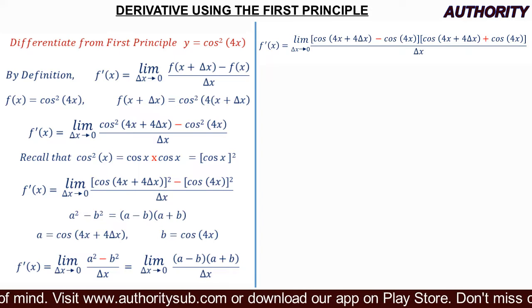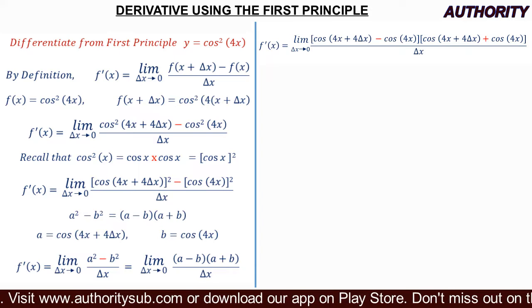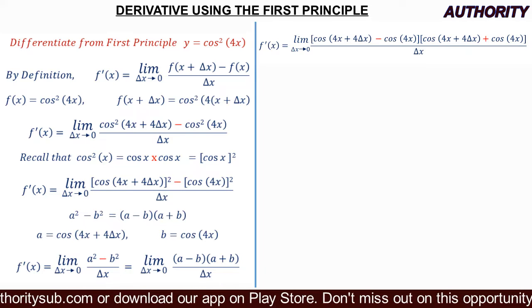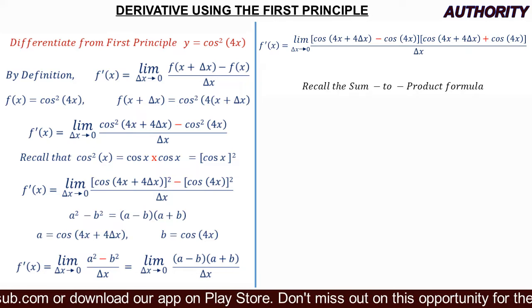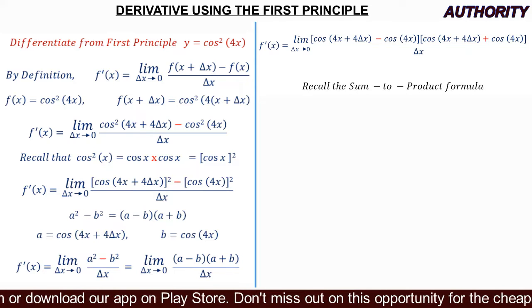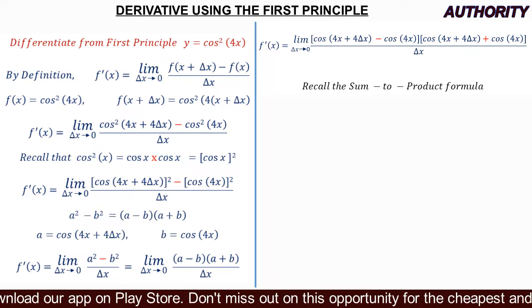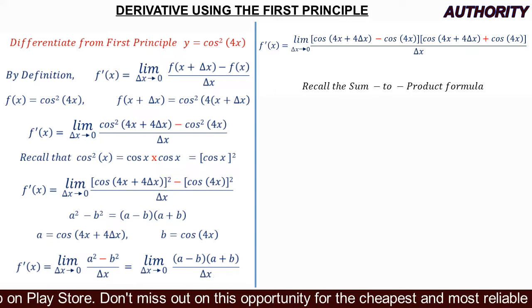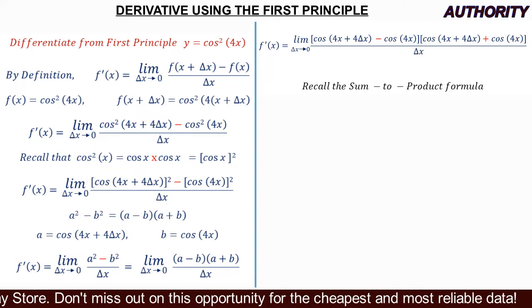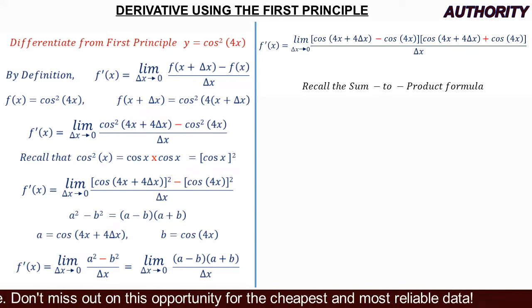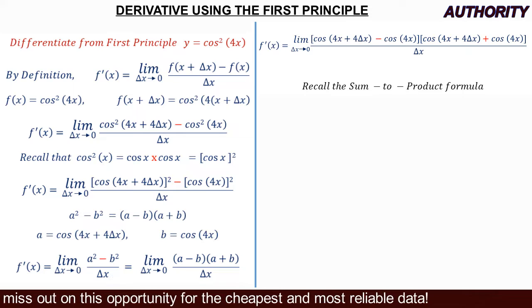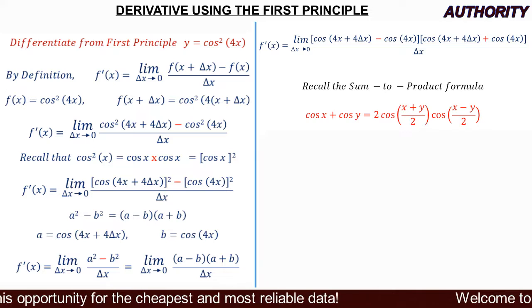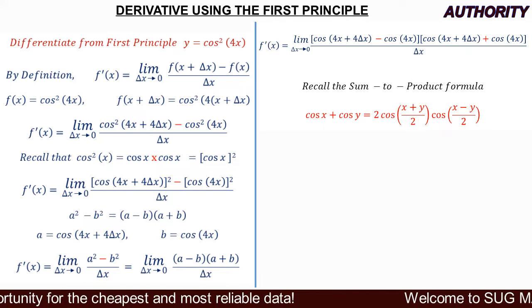I think you understand how we get to this level, right? Good. So in this case, we're going to apply some few things from trigonometry. In trigonometry, there is what we call the sum to product formula. Sum, you convert it to product. Look at it. What we have here is cos 4x plus 4 change in x minus cos 4x, right? We are going to apply something that looks like this, and it is called cos x plus cos y.